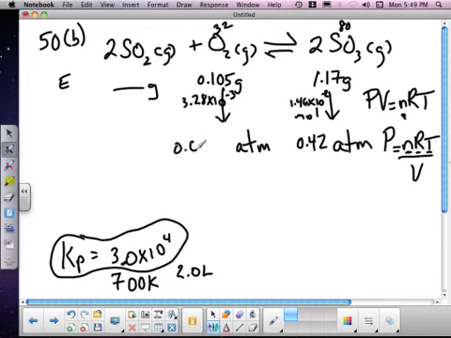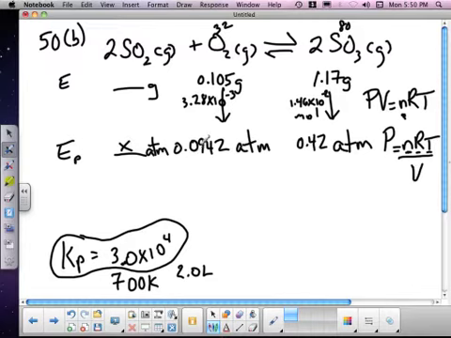And what I'm actually going to put into the equilibrium expression are pressures. So when I solve for X, it will be in atmospheres.